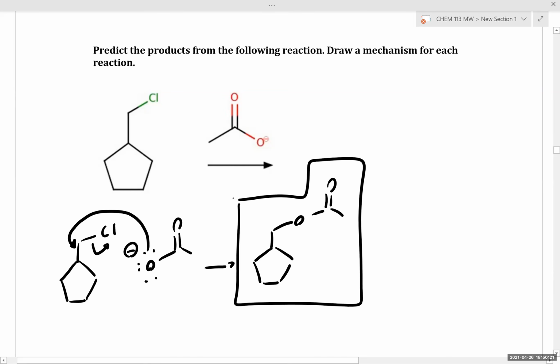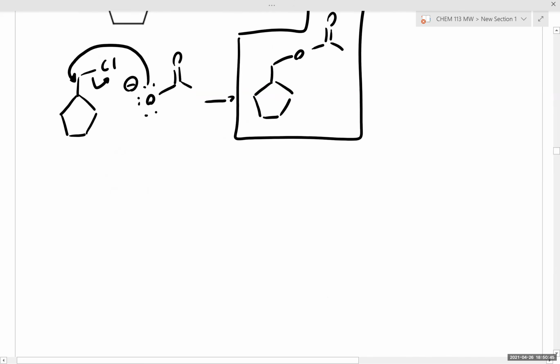Not too bad for this mechanism, right? Does this mechanism make sense to everyone? Perfect, perfect.